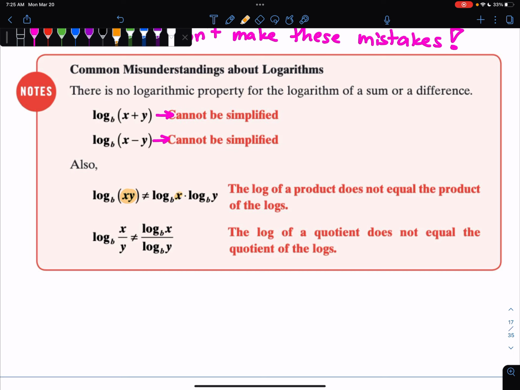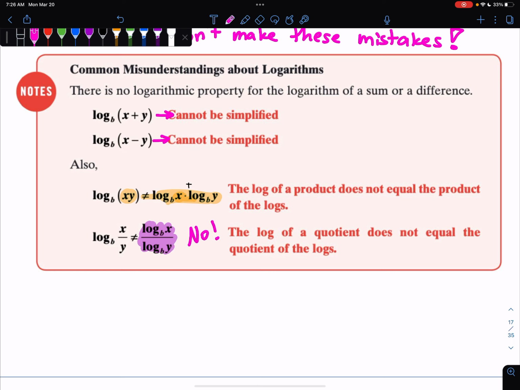Also, notice they're telling you to be careful. X times y does not mean you multiply these big logarithms. Remember, you really have to add them when you're multiplying, and when you're dividing, you're really subtracting them. There should be no denominator. So be careful. Do not make these mistakes. This is also a no-no.